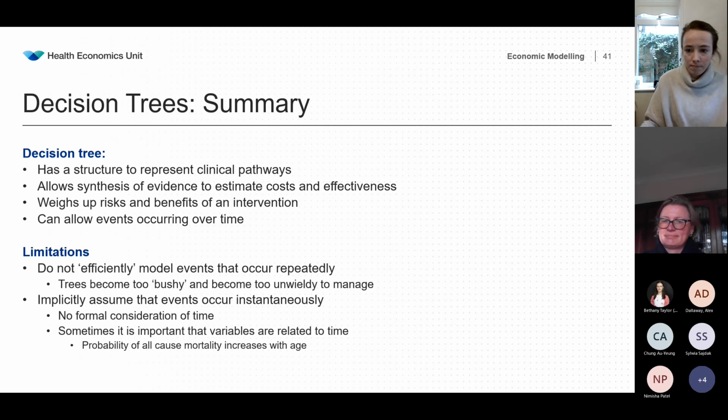In the heparin example that we used, all of that was assumed to occur at once over that time-year period. It didn't account for a bleed happening in the first month after a surgery versus at month 12, right? And sometimes variables related to time are really important. For example, probability of all-cause mortality increases with age. There's no way to realistically demonstrate that in a decision tree.